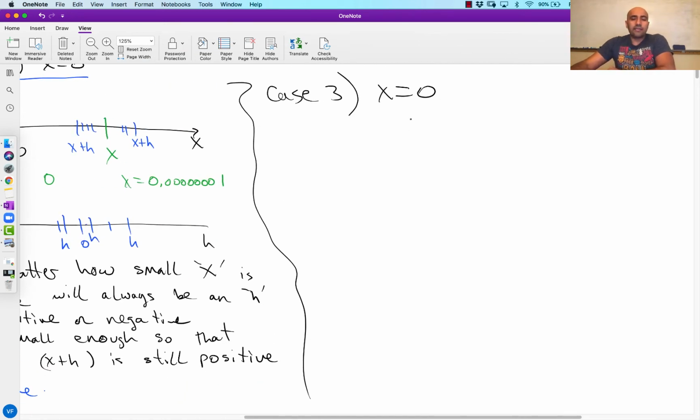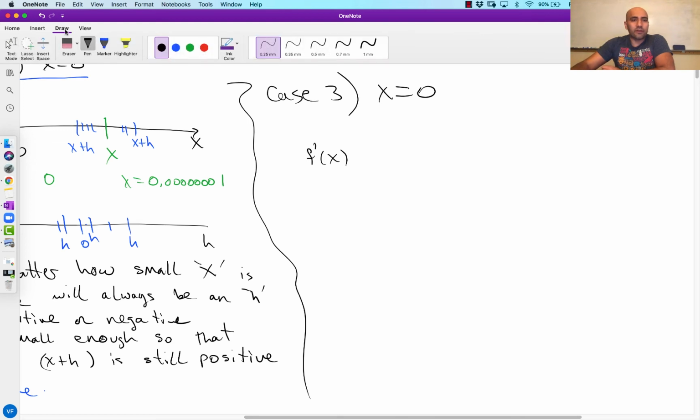Okay, so now let's think of the case where x is exactly equal to 0. What is that going to be? So f prime of x, well, now it's not really a variable. It's just going to be equal to 0. So we can just erase this part here and say f prime of 0 is equal to the limit as h approaches 0 of f of, whoops, not x, of 0 plus h minus f of 0, all over h.